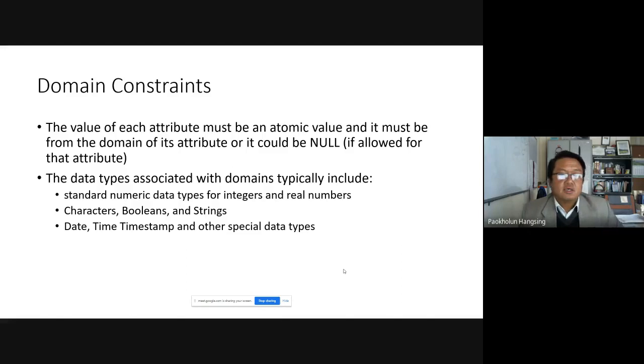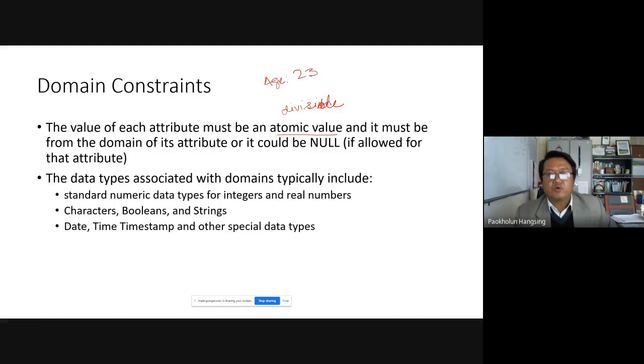When we look at a database system, the value of each attribute must be an atomic value. There are two things here. The value of an attribute must be an atomic value. That means the value can no longer be further divided. Take age, for example, the age of a person, say 23.